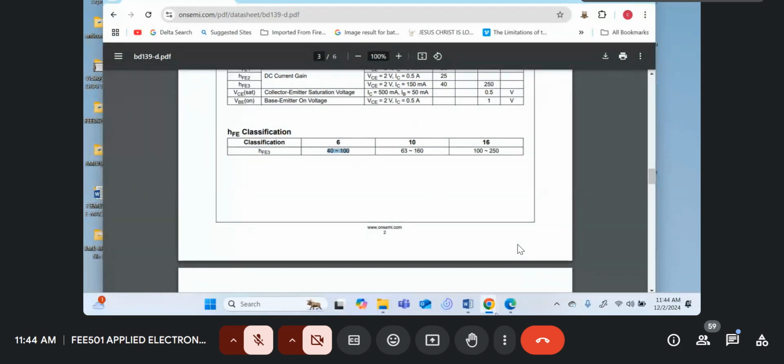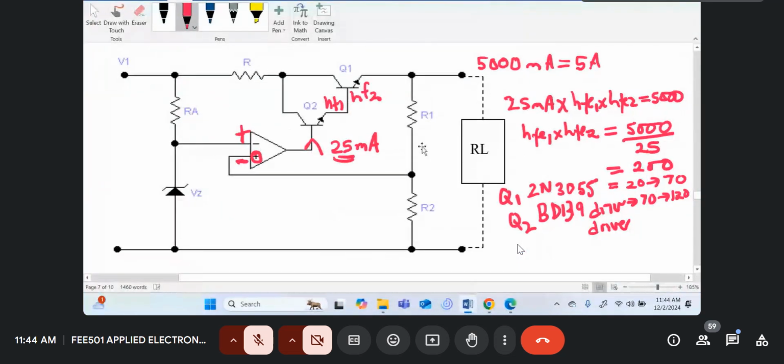Okay, so now let's get back to class. Since you do not know when you go to the shop which one you're going to get, the driver's HFE can be 40 to 100, and for the power transistor, 20 to 70. And these are the HFE.